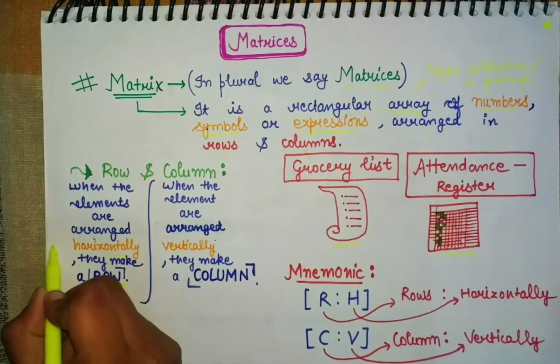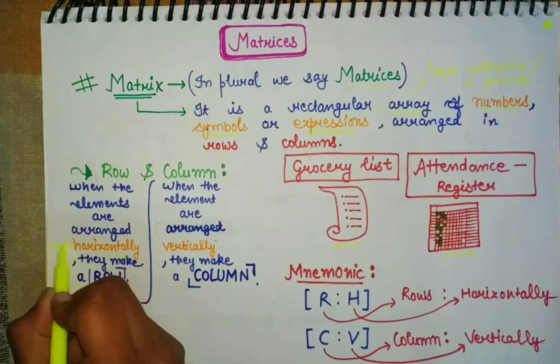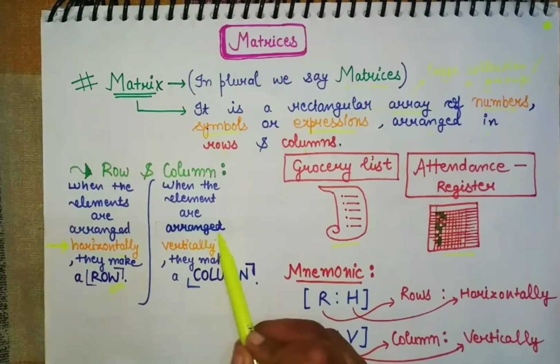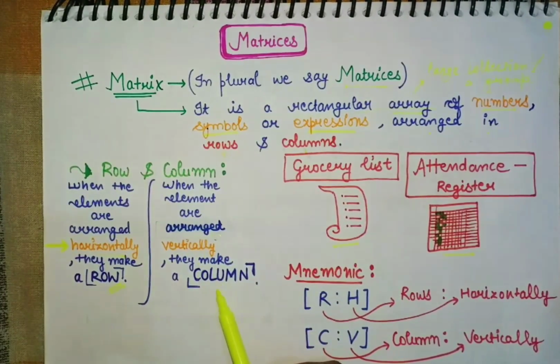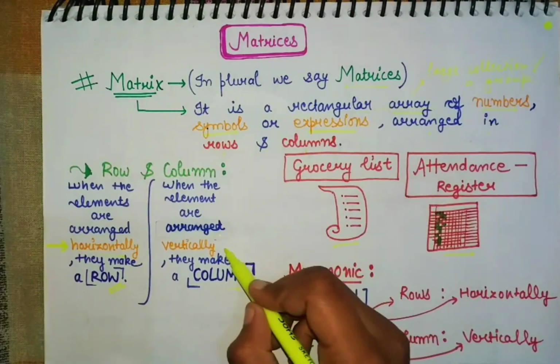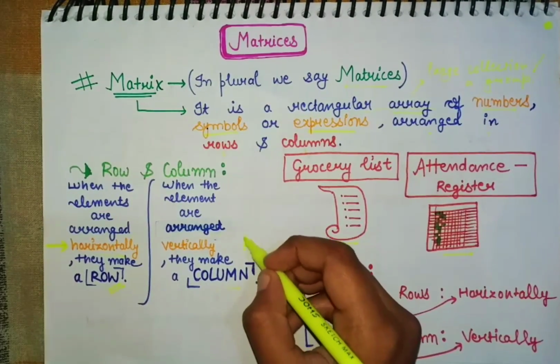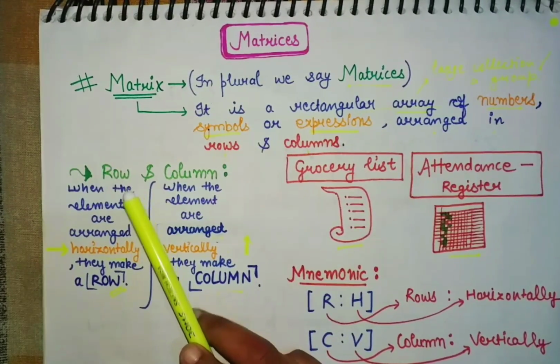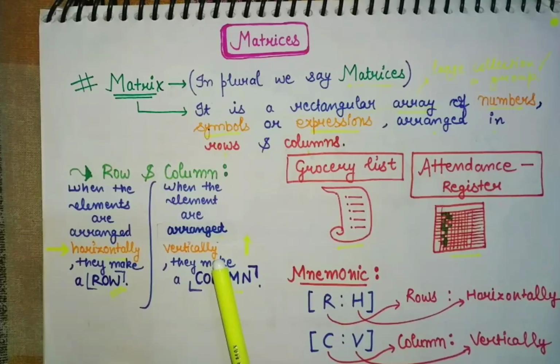Horizontally like this. And when the elements are arranged vertically, they make a column. Vertically means like this. Beginners always get confused about which one is represented horizontally or vertically.